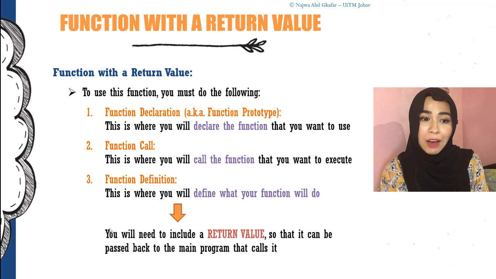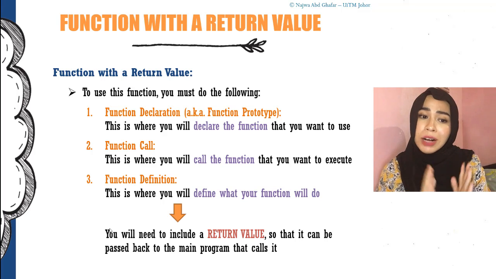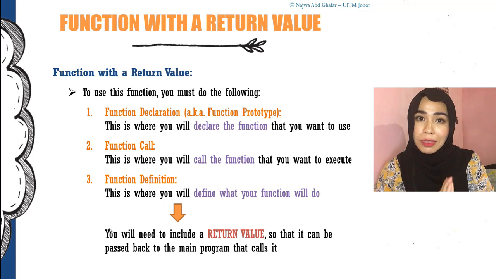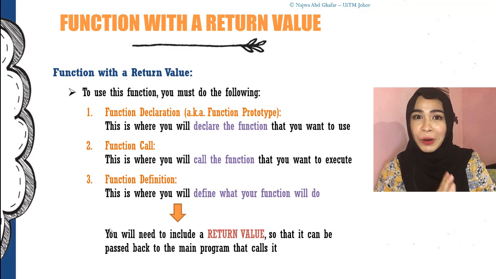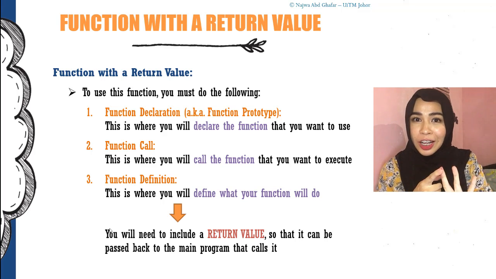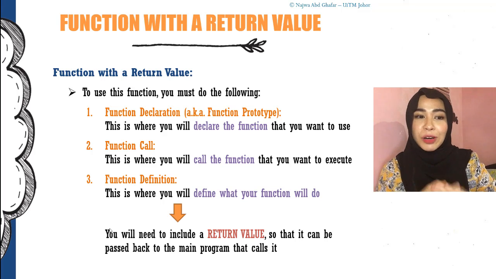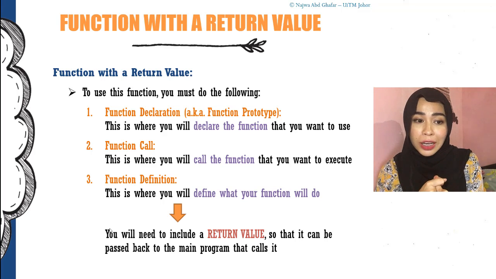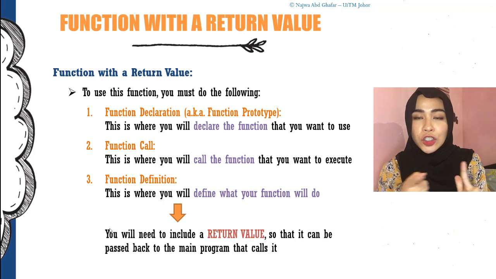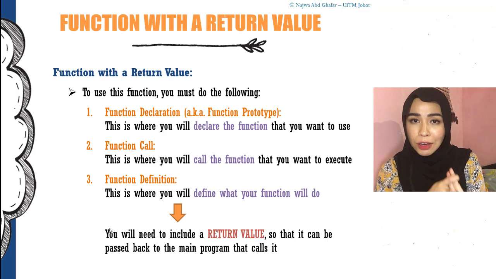So whenever we have a function, we must have these three things. Like repetition, where we also have three things that we need, right? Initialize, evaluate, and update. But with functions, you also need three things, which are function prototype, also known as function declaration, function call, and function definition. Okay, so I will go into detail what exactly are these three things.